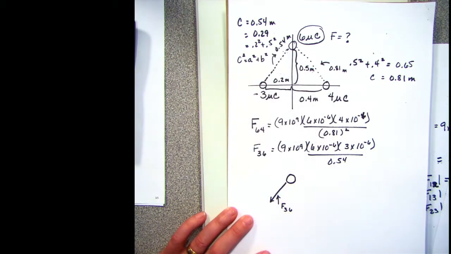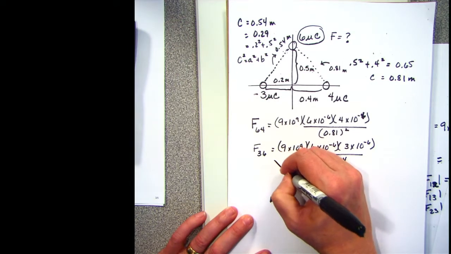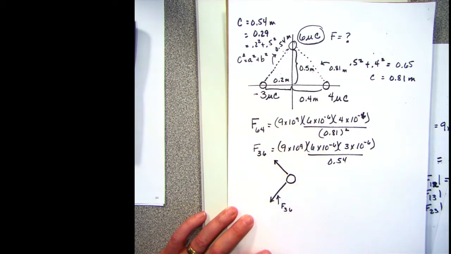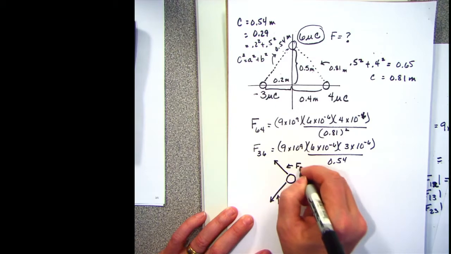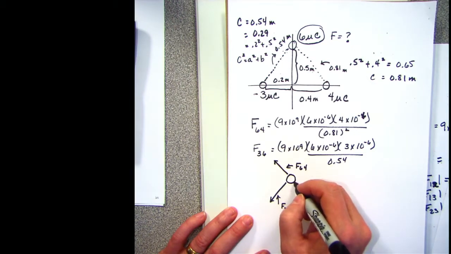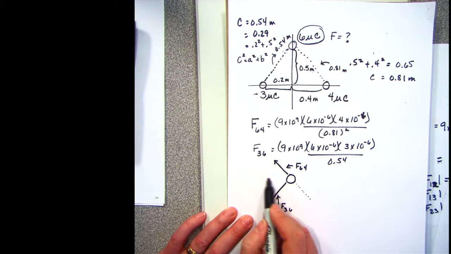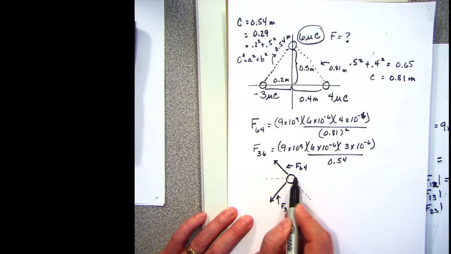These two are both positive. So now I get the force for 6, 4. I get that force. So I've got to do a couple of things in order for me to be able to solve this problem.